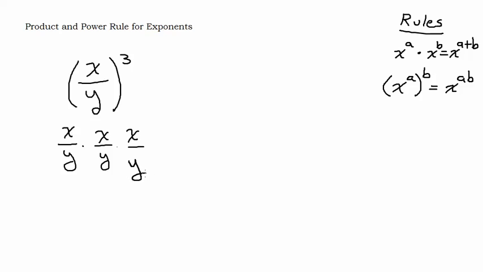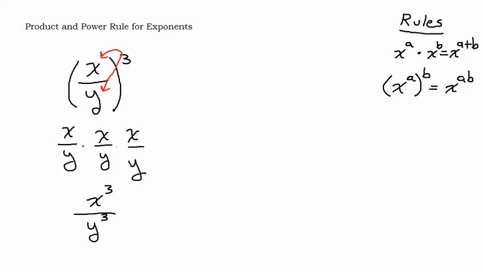And when you're multiplying fractions, you multiply straight across, right? So x times x times x is your numerator. That's x to the 3rd. And y times y times y is your denominator, which is y to the 3rd. So basically, when you have a fraction to a power, you need to take both the numerator and the denominator to that power.